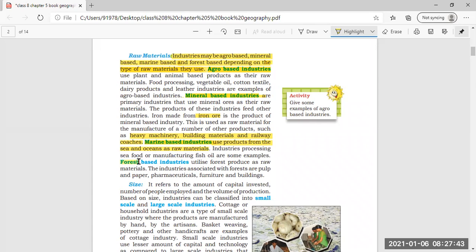Then the next category comes, the forest-based industries. Forest-based industries utilize forest produce as raw material, which means whatever raw material the industries need is taken from the forest. The industries associated with forests are pulp and paper, pharmaceuticals, furniture, and buildings.